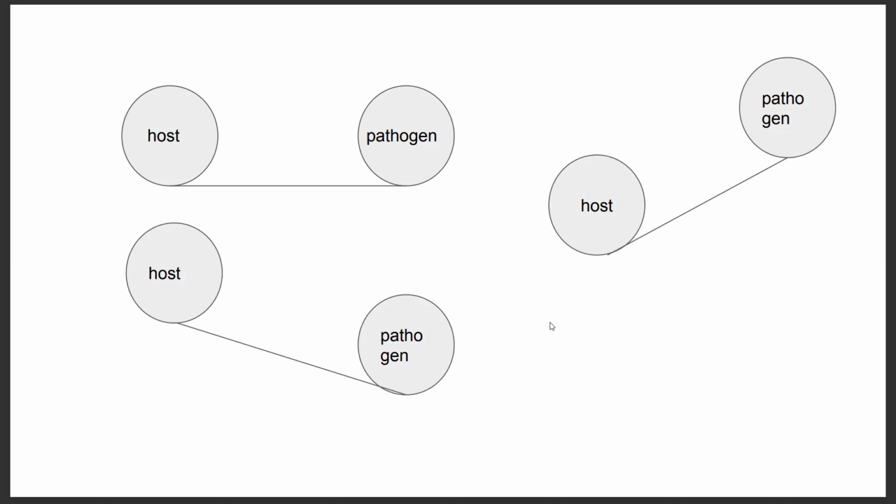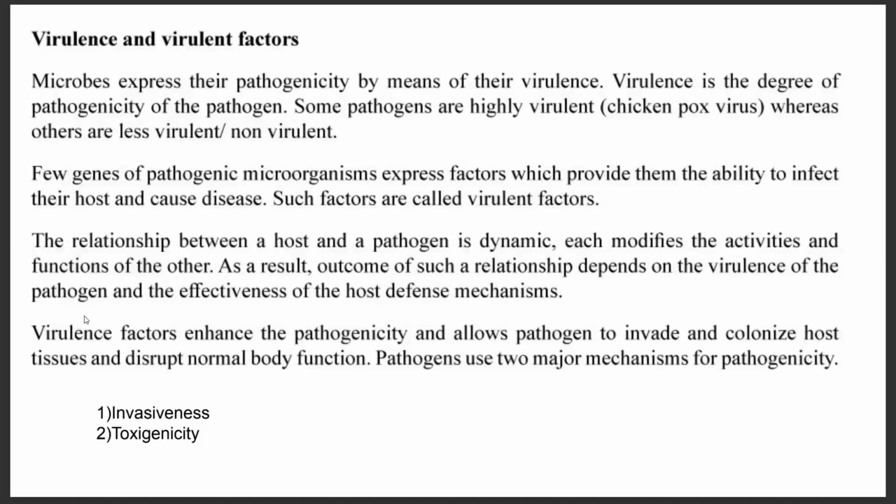That is why this is called a dynamic relationship. The relationship between a host and the pathogen is dynamic. Each modifies the activities and functions of the other. As a result, the outcome of such a relationship depends on the virulence of the pathogen and the effectiveness of the host defense mechanism.